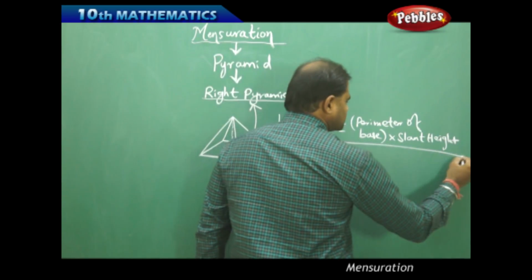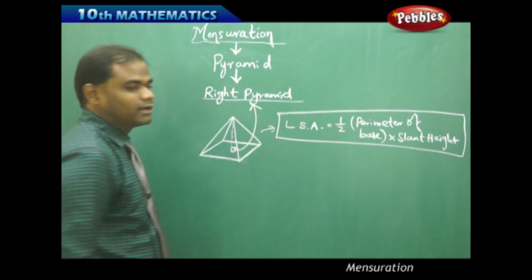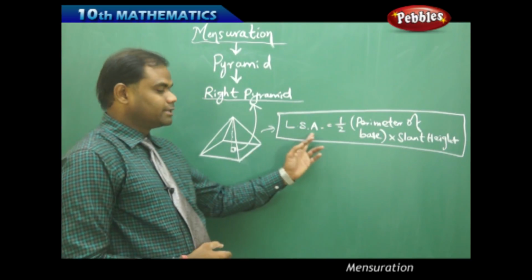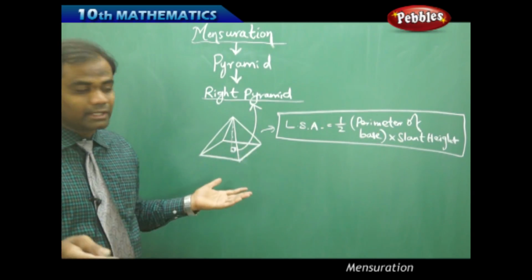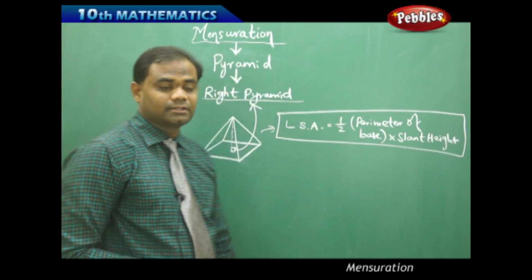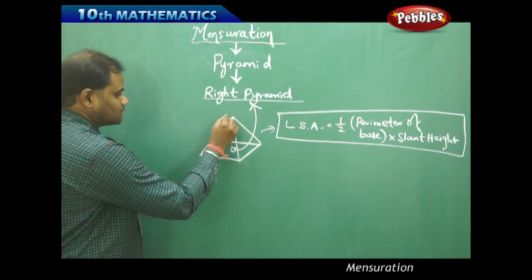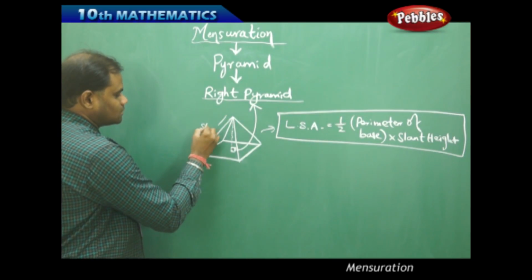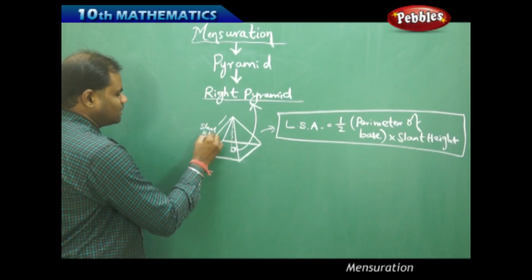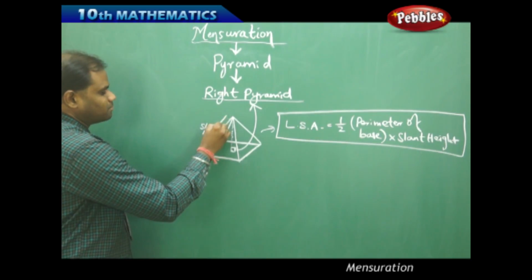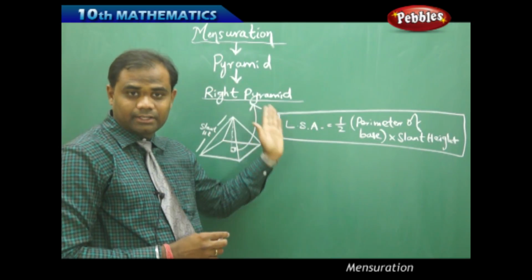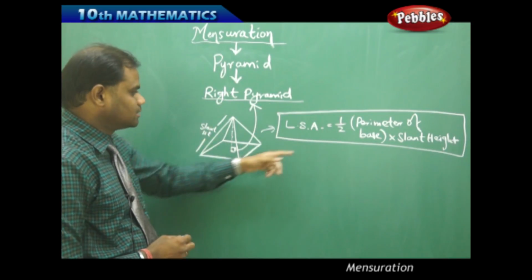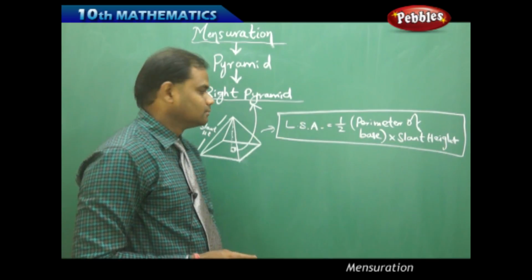This is the formula which is exclusively used to find the lateral surface area of the pyramid: half the perimeter of the base, which is a rectangle, into the slant height. The slant height is this height. This is the slant height, which you are going to calculate through the dimensions as given. All the slant heights are equal. Therefore, the slant height is what we consider here.